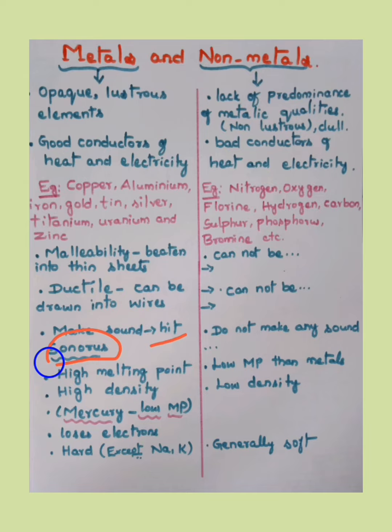Even electrical bells are made of a kind of material inside which you can observe a metal. Whereas non-metals do not make any sound on beating with hard substances.